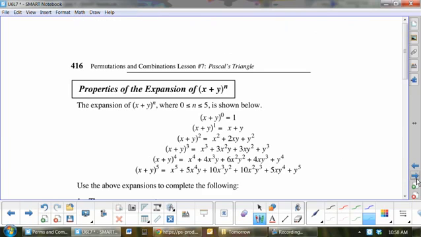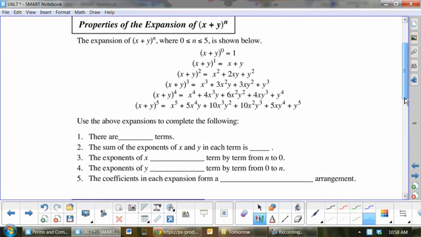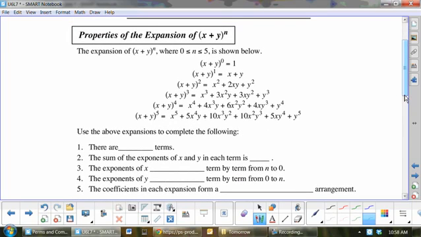Now, when you look at this, let's answer some. Okay? Now, here is just an example. So for x plus y to the n, we're going to be general here. How many terms are there in x plus y to the n? N plus 1. There's always one more term than the exponent, okay? The sum of the exponents of x plus y in each term is n.